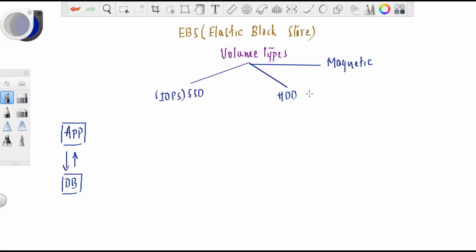HDD-backed volumes are tailored for large streaming workloads, prioritizing high throughput as a key performance attribute. Throughput refers to the rate at which data is successfully transmitted or processed over a communication channel, a network, or a system.